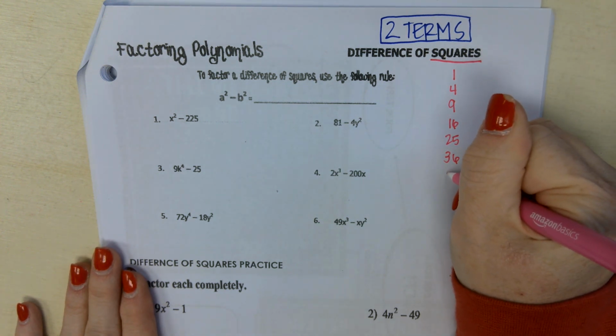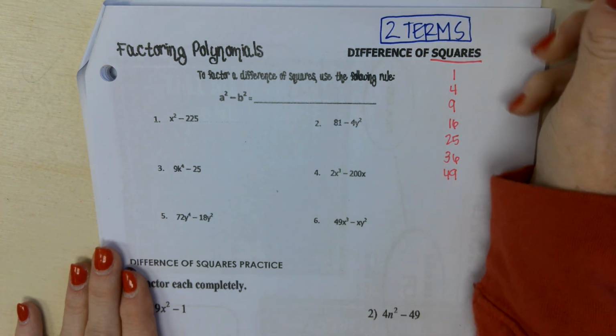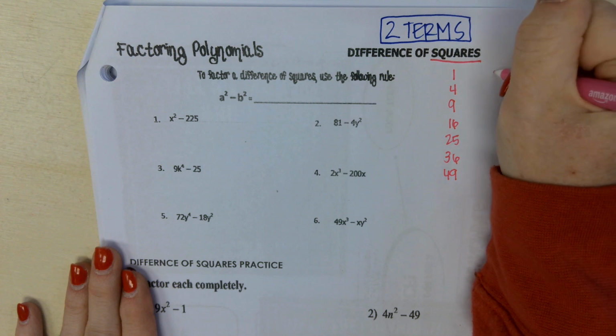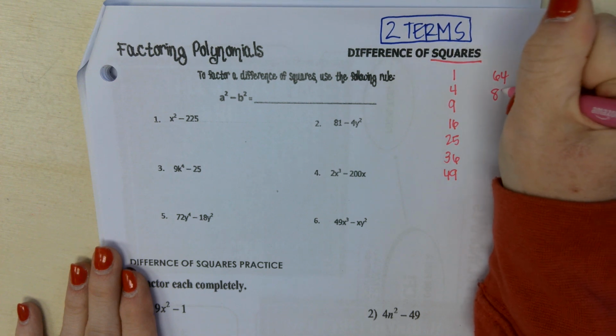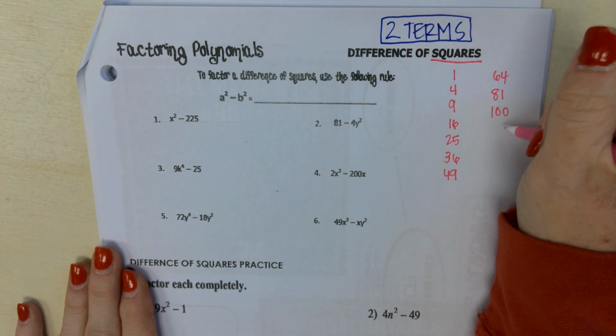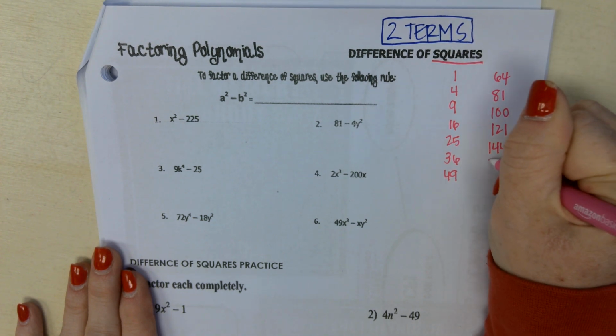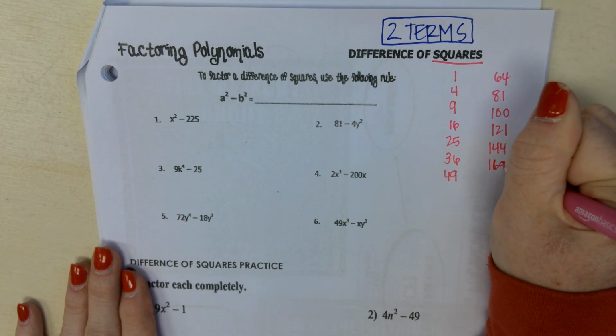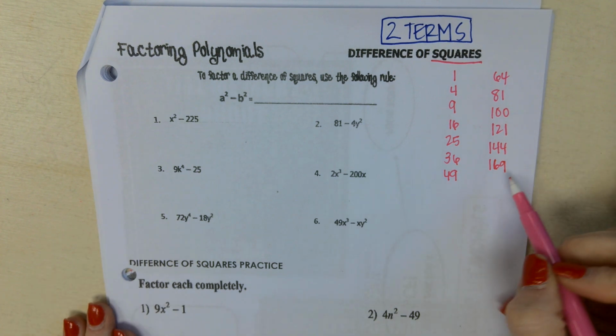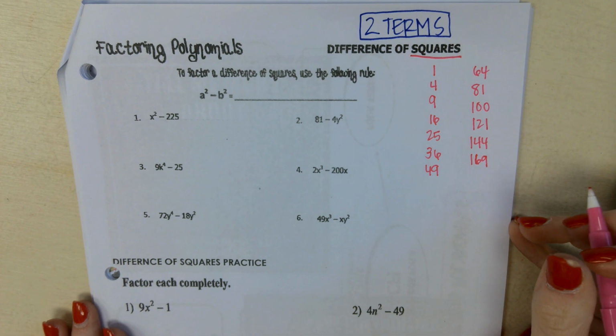Let's list some more. 49, 64, 81, 100, 121, 144, 169, and so forth. Okay? This is 13. What is 14 squared?